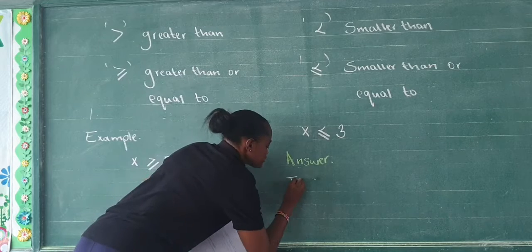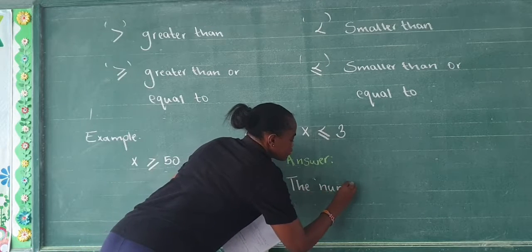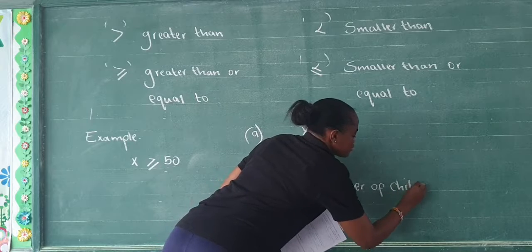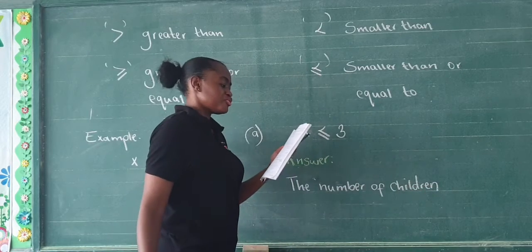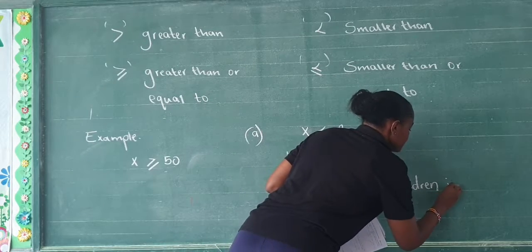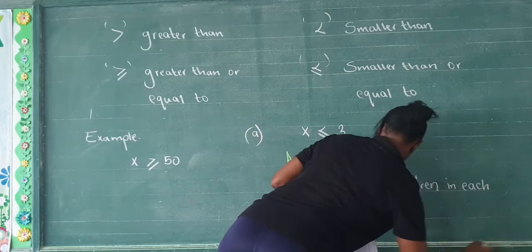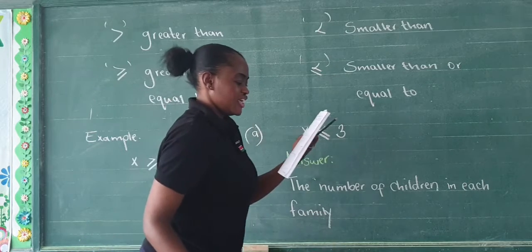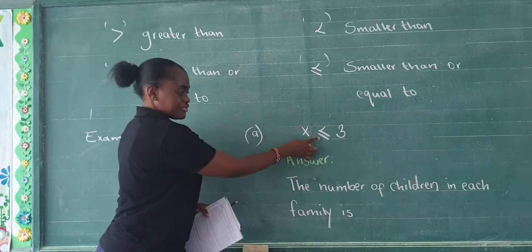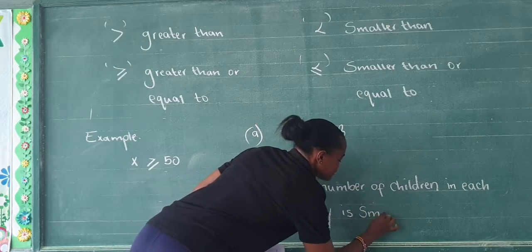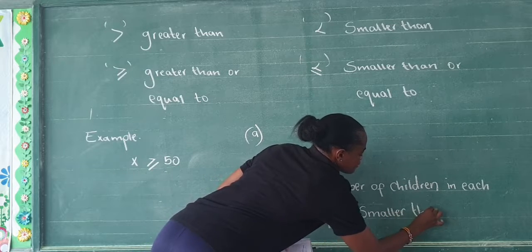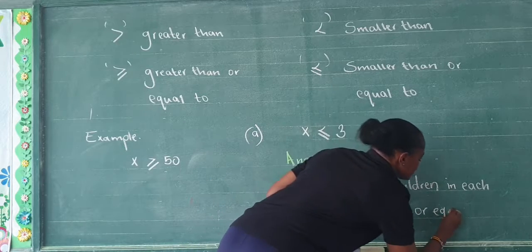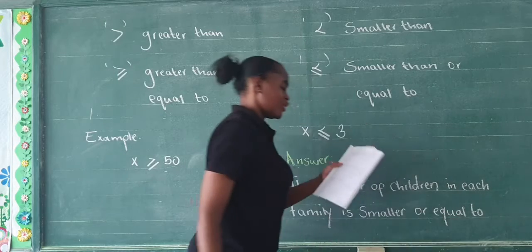The number of children in each family is, now this sign, smaller than or equal to 3.